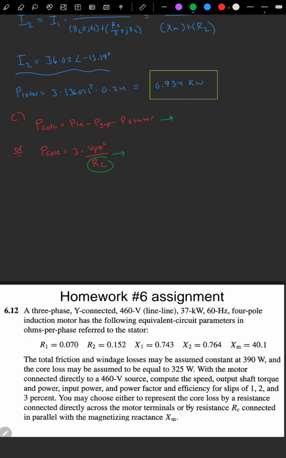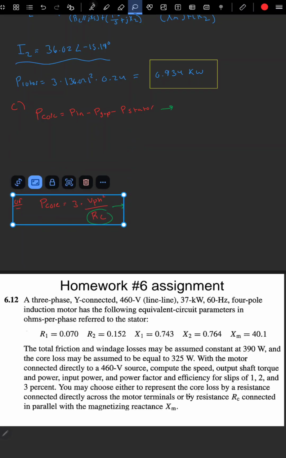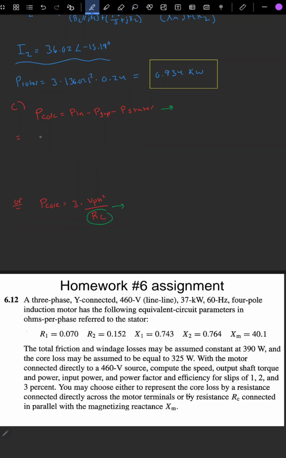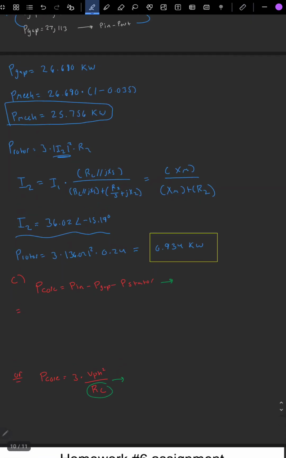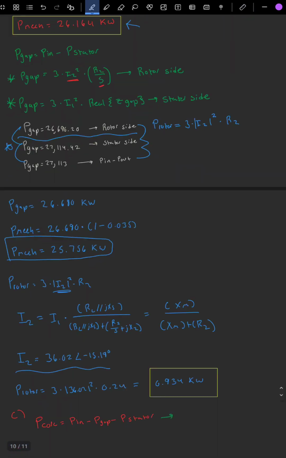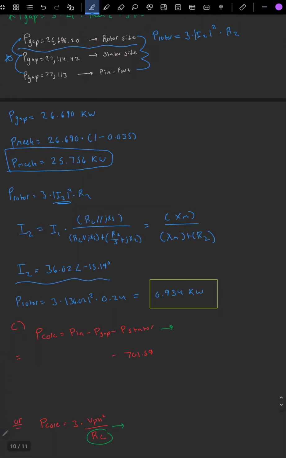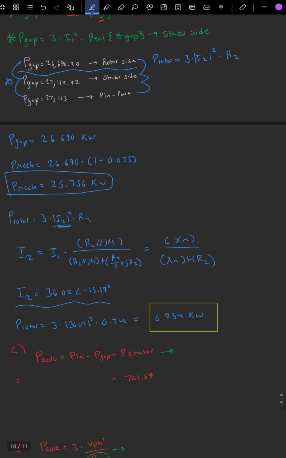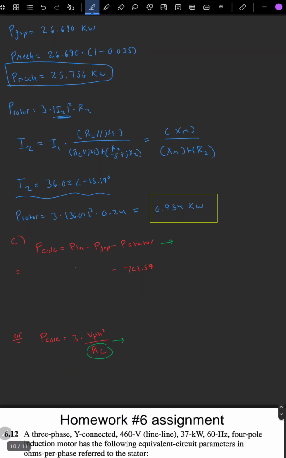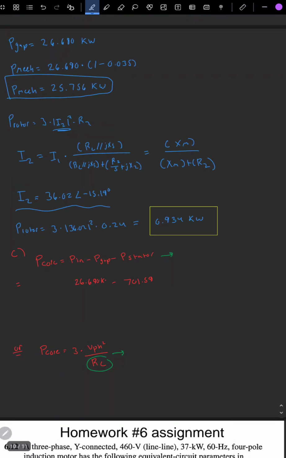So doing these two, solving the first one, you're going to get P stator, which we got earlier, 701.59 watts. Our P gap that we're using from the rotor is 26.690 kilowatts.